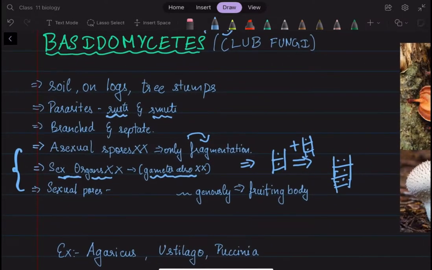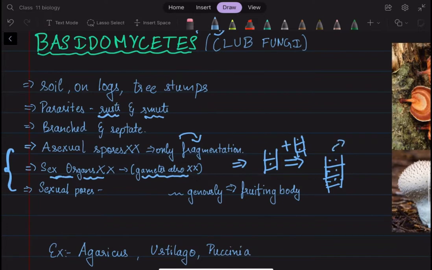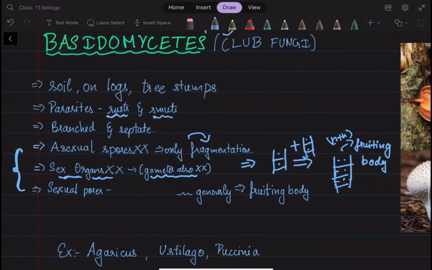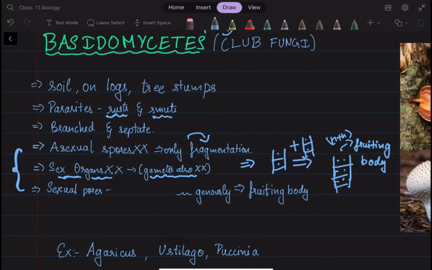And this n plus n structure forms the fruiting body. In other cases the zygote forms the fruiting body, but here this dikaryon is forming the fruiting body.